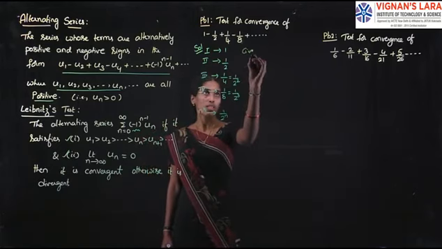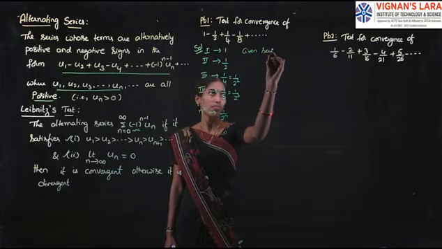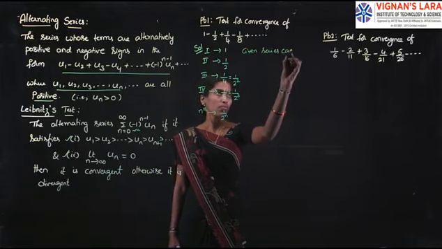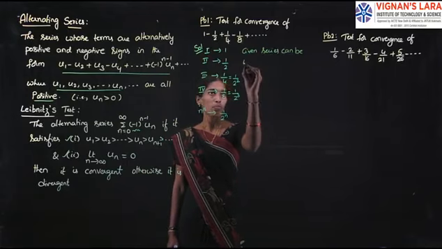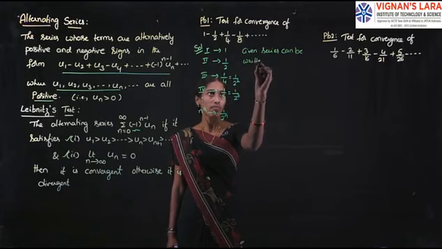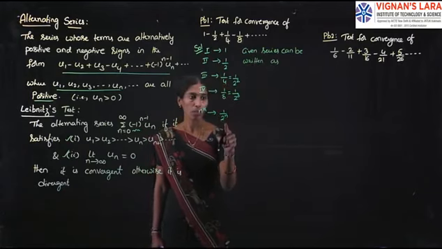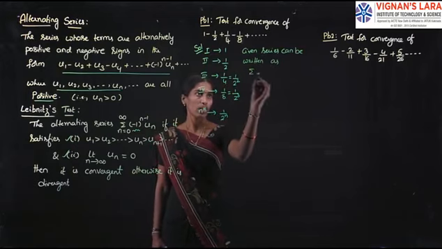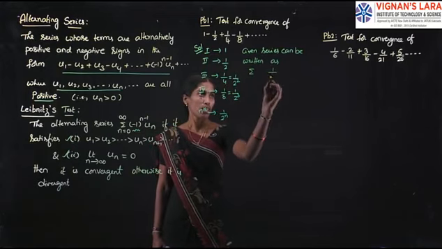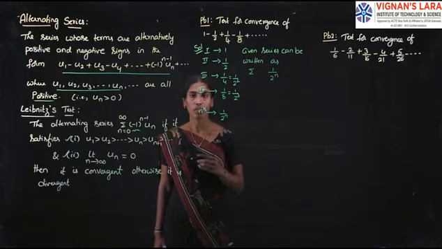So the given series can be written as, because the nth term is 1 by 2 to the power n, summation of 1 by 2 power n.